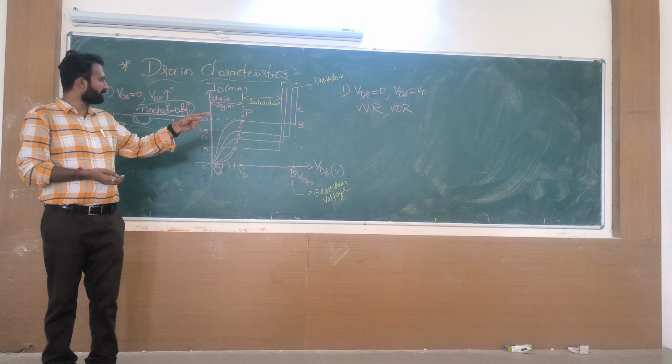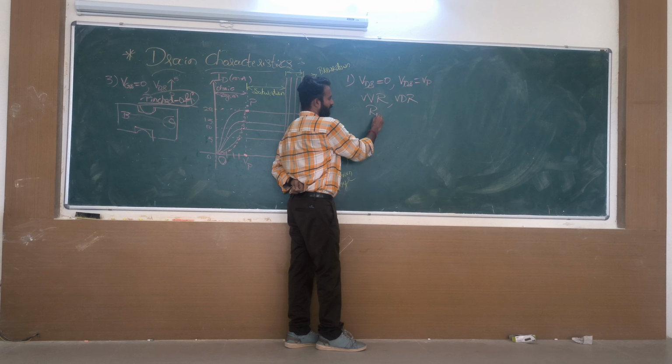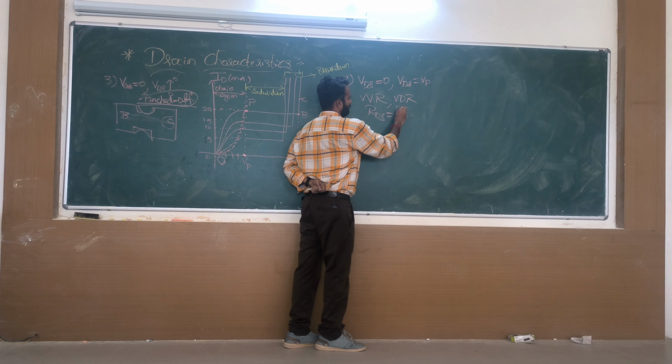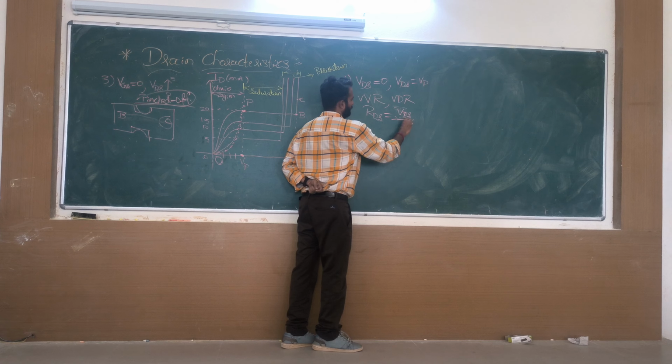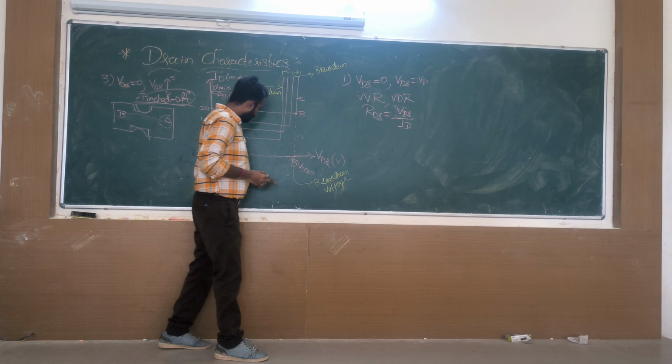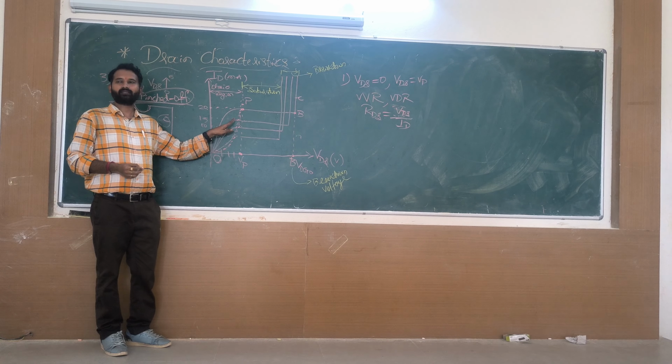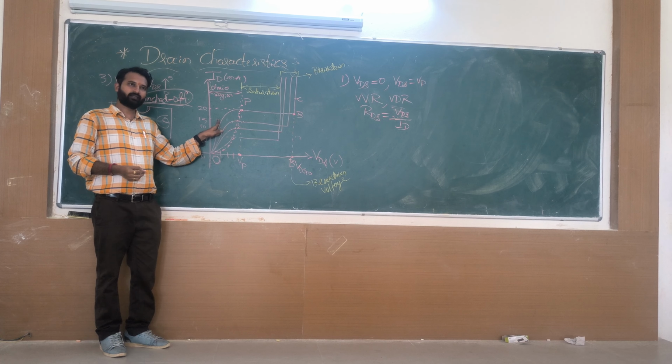Understandable? Because here clearly I can say that we have a resistance, the drain to source resistance RDS, equal to VDS divided by ID. Here R is equal to V by I. V is VDS, I is ID. That is a resistor.